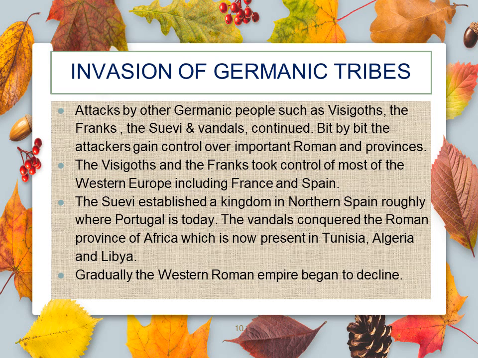Besides all these things, there were certain more reasons for the decline or fall of the Roman Empire. One reason is the attacks by the various tribes, but there were many other reasons to it.